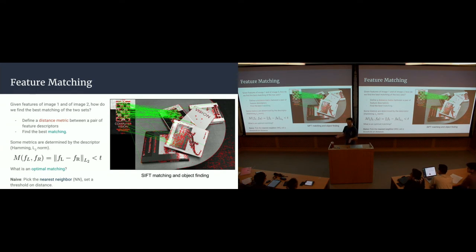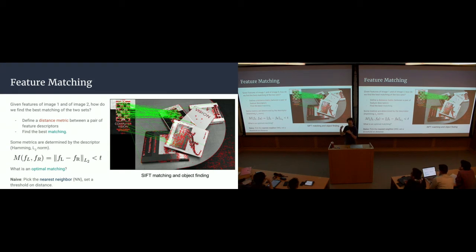So what do we do? We match them. We define a metric saying how good is a matching between these two. Let's say we have 128 floating point numbers, and another 128 floating point numbers. We can just do an L2 norm, right? This minus that, the L2 norm gives you the magnitude of the difference between those two vectors, and if it's 0, then they are exactly the same.